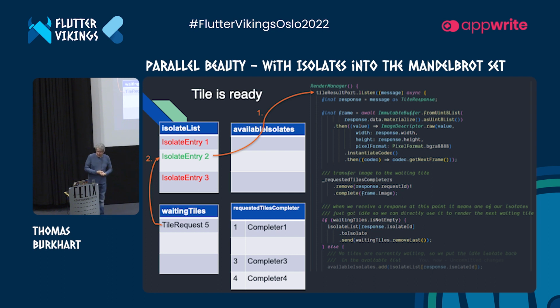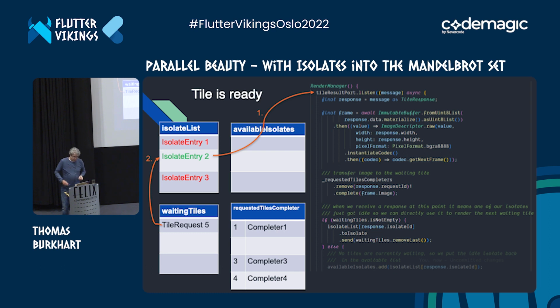And after we've done this, we go into the requested tile completers list, because we got the correct ID in the message, so we can now complete with the data, and we remove it from the map.